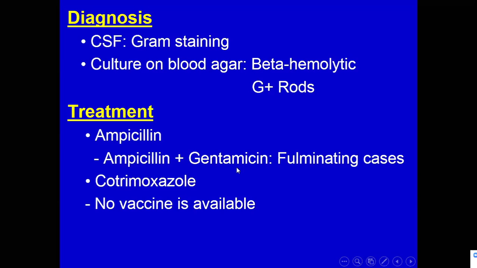There is synergism between ampicillin and gentamicin, and this combination can be used in fulminating cases. Alternatively, if the patient is allergic to penicillin, you can use cotrimoxazole. Unfortunately, there is no vaccine available against this microorganism. Remember, there is no vaccine.